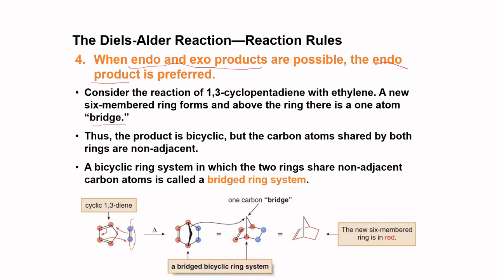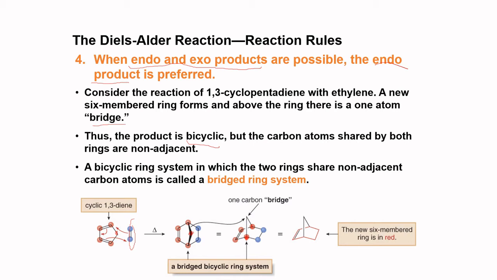This carbon is the one that forms the bridge. Thus the product is bicyclic, but the carbon atoms shared by both rings are non-adjacent.